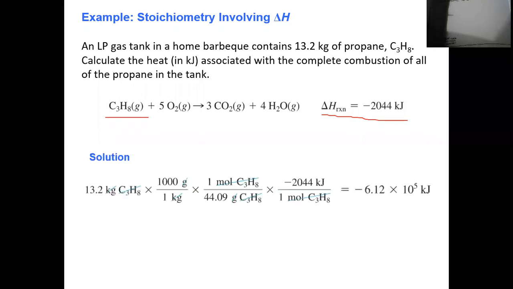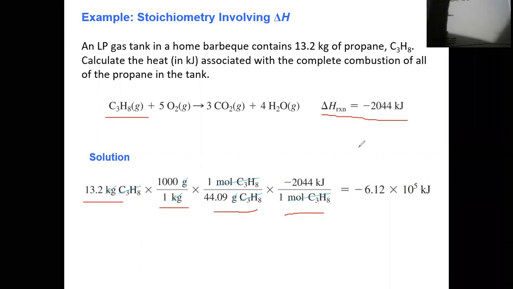Okay, so let's look at the steps here. All right, and this is all stuff that you guys already know how to do. I'm going to convert 13.2 kilograms into grams. Then over in this step, I'm going to use my periodic table, and I'm going to convert my gram values into mole values. Then in this step, I'm going to be converting the moles of propane from the balanced equation to my moles of propane.